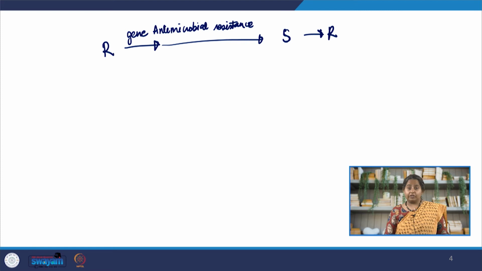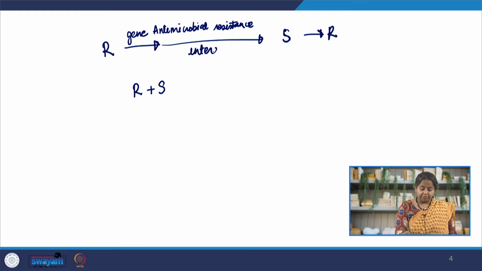This is sort of autocatalysis happening, and if you remember that equation, we can write this like so. A resistant bacteria, a sensitive bacteria, they interact. Interaction is essential here, which should remind you that when two species need to interact for a chemical reaction or a phenomenon to happen, in your model you're going to multiply their numbers to account for the interaction.